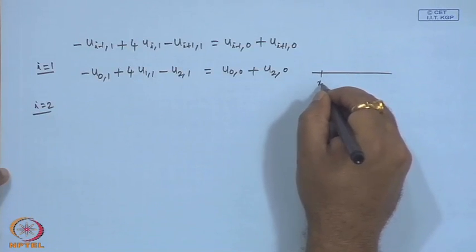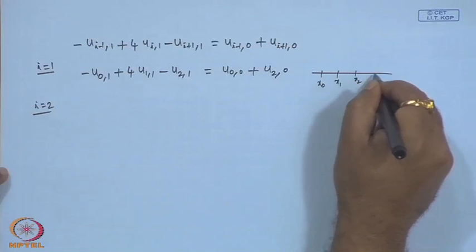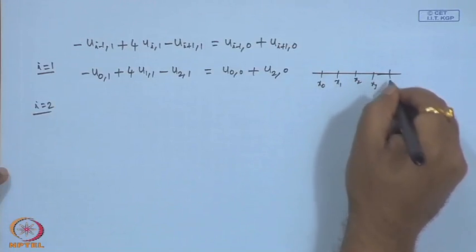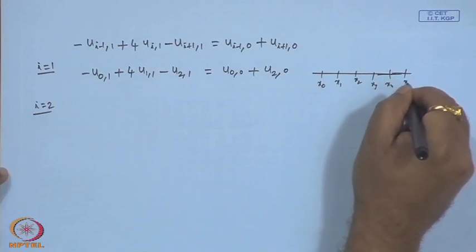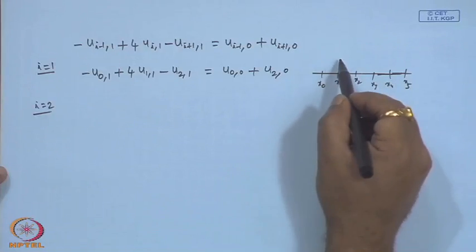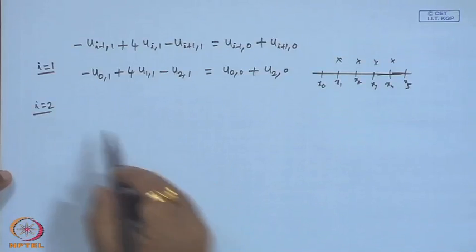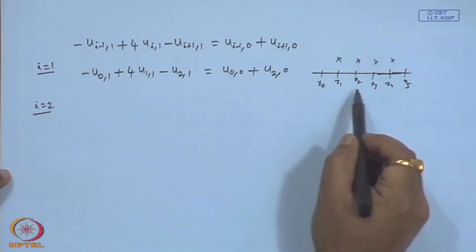Unknowns are this is x 0, x 1, x 2, x 3, x 4, x 5. Since there are no derivative boundary conditions, the unknowns are at these grid points. Okay. So, I runs from 1, 2, 3, 4.